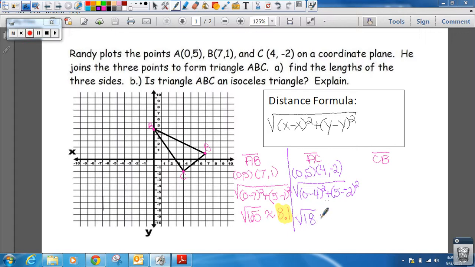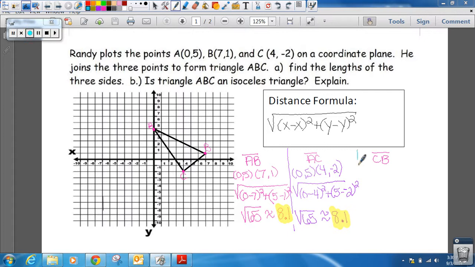And then I put the square root of 18 in my calculator to get the approximate value, and the approximate value, oops, I totally messed up on that, erase that. Probably wondering what I'm doing there. So AC would be approximately, exactly the square root of 65, which is approximately 8.1. If I notice something, those are the same. So it's telling me something there. And we'll talk about that in just a minute.